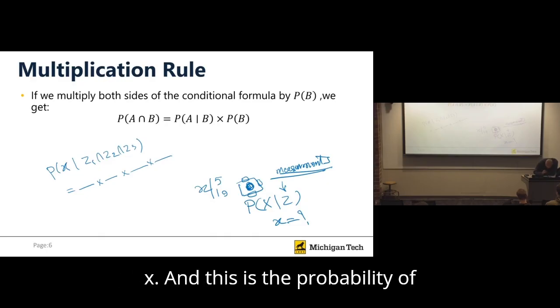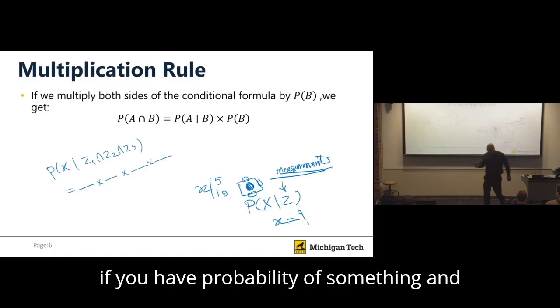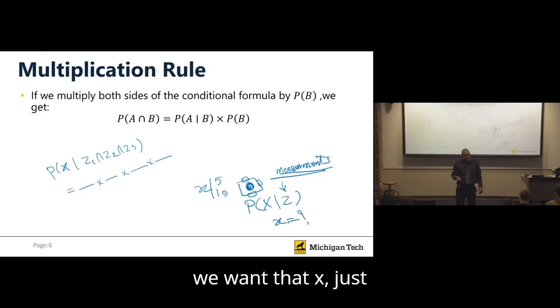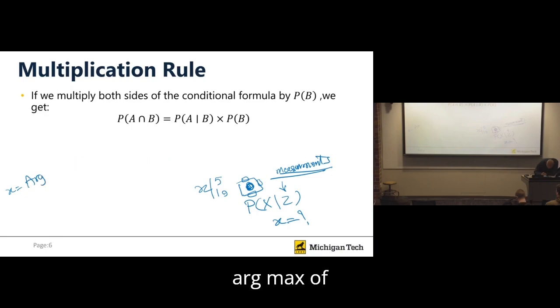Because we want to find X, and this is the probability of X. If we have the probability of something and we want that X, we just need to maximize that probability. So we can say X is actually the argmax over X of P of X given Z1, Z2, Zn.